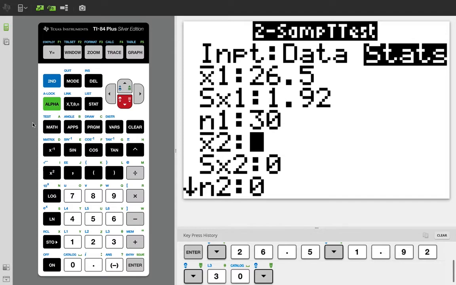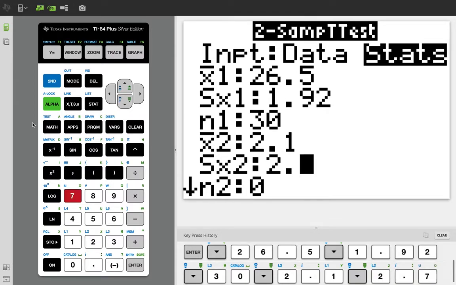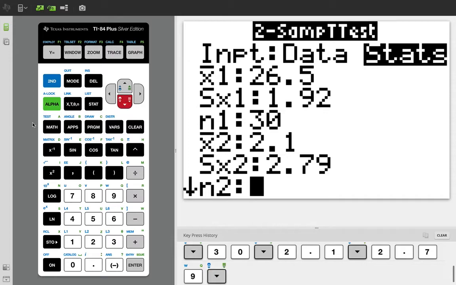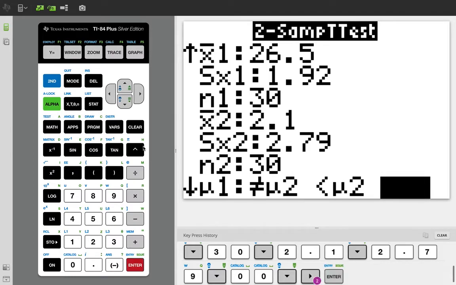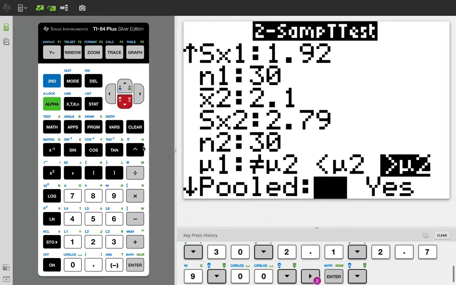Second mean decrease in circumference was 2.1 with a standard deviation of 2.79. Sample size was also 30. And we said that mu1 is greater than mu2, that the helium is greater than that. And here's that pooled thing. And as we said, don't need to know anything more about that.